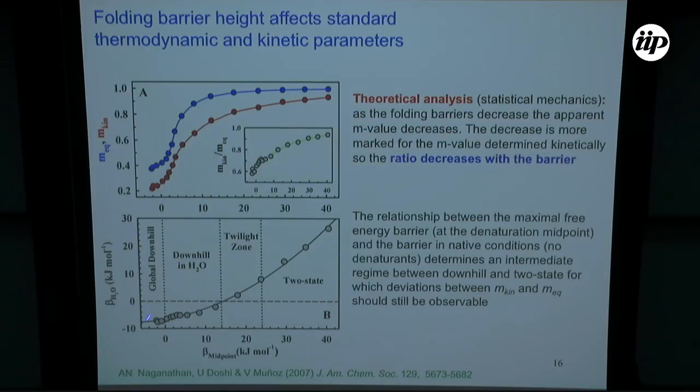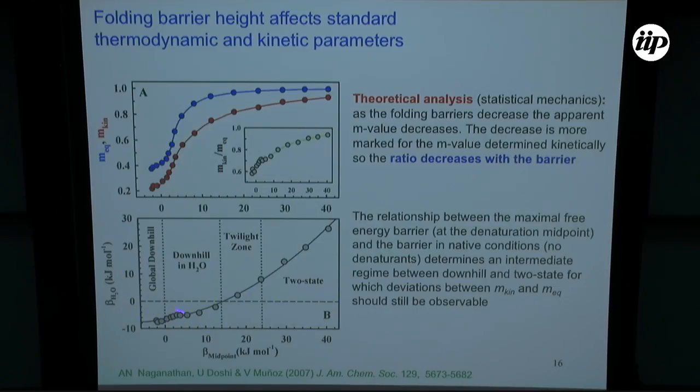So there's obviously downhill when there is no barrier in physiological native conditions. There is also no barrier at the midpoint, and this is what we call the global downhill, which is where BBL was. Okay. Now, if we go over here, we still don't have a barrier in native conditions, but then there is a barrier actually at the midpoint.